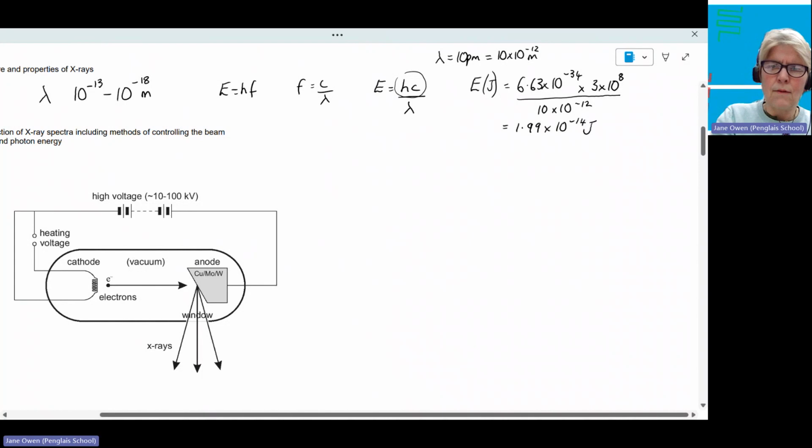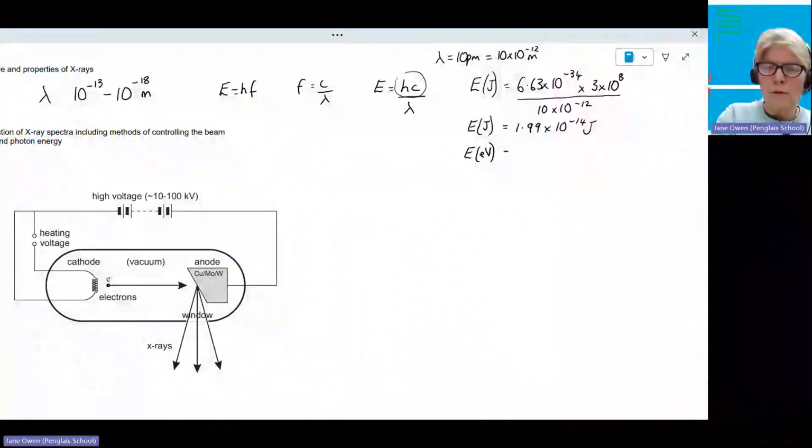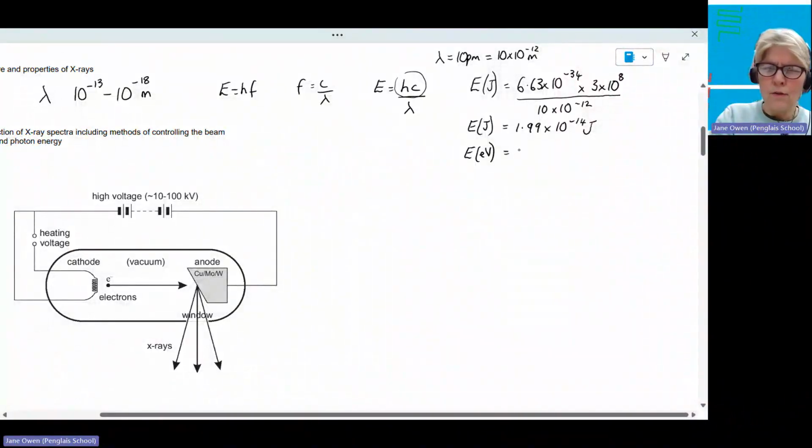But that's not actually very helpful for us. So what we tend to do is convert the joules into electron volts by dividing by the charge of an electron. I'll do that, and then it will make a little bit more sense, and we don't have all of these very small numbers.